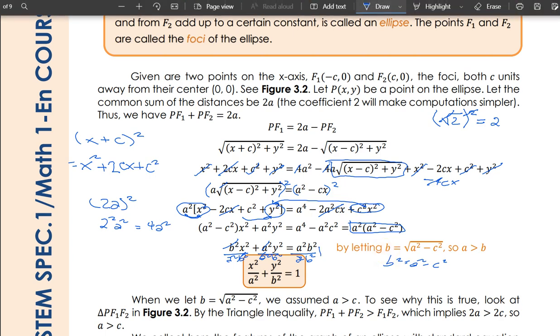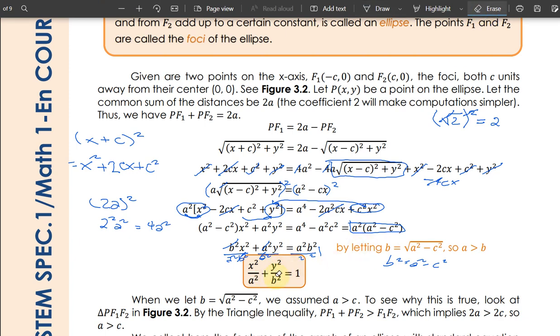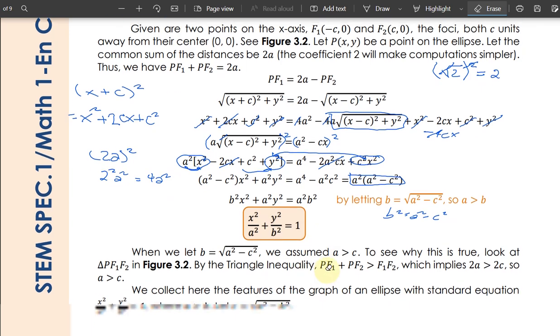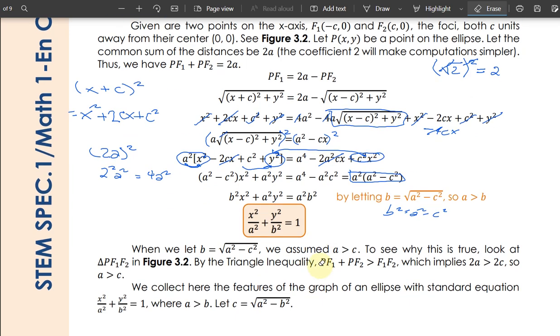So this will be the standard equation of the ellipse. Okay? Earlier we recapped the standard equations of the circle and the parabola. So this time, this will be the standard equation of the ellipse.